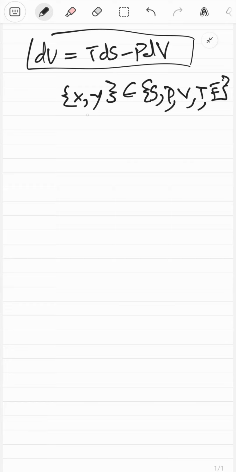So x and y are among these, and x is not equal to y. Obviously, because otherwise everything would be an equation of one variable, which is kind of stupid.